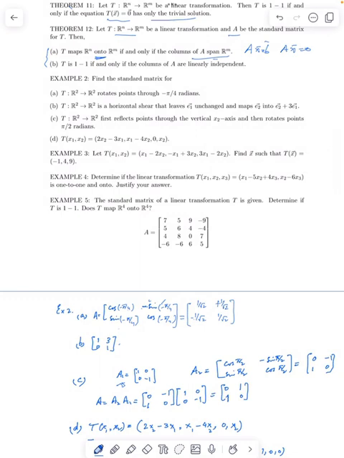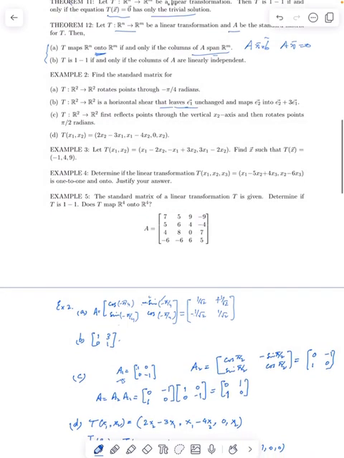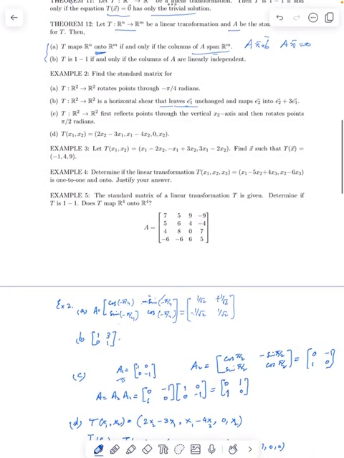B is 1, 0, 3, 1. Why is that? Because what part B is telling us is that the shear leaves E1 as it is, which means in this case T of E1 is just E1, which is 1, 0.